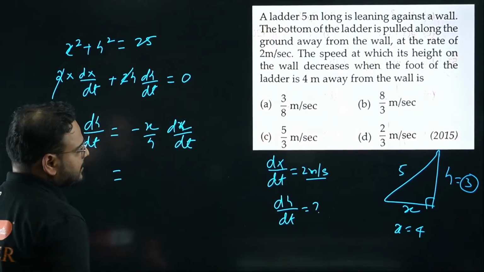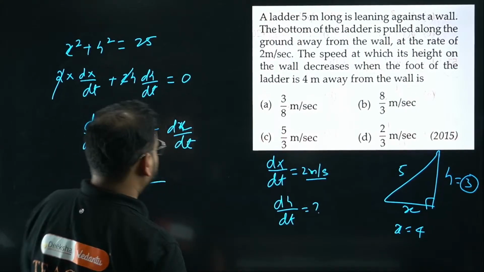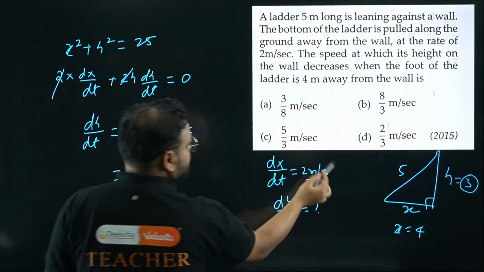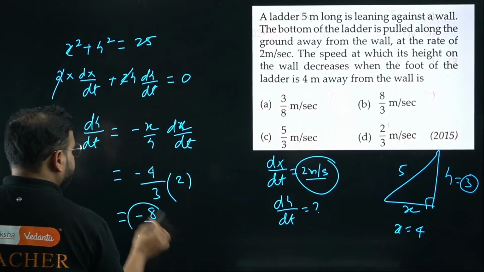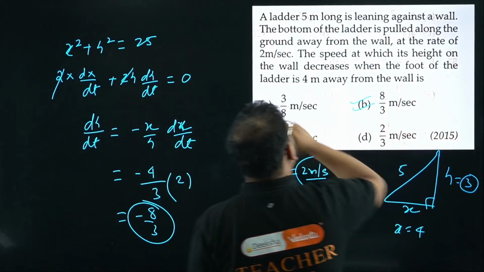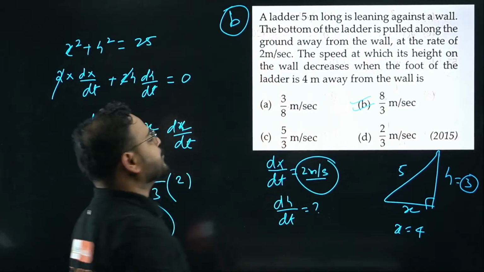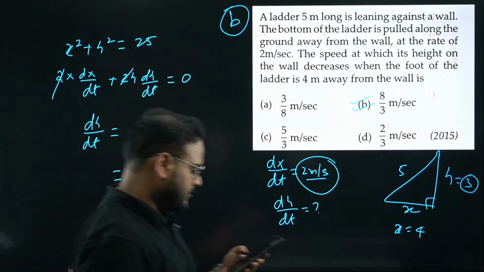What is minus x? Minus 4. What is h? 3. And this value is 2. The answer is minus 8 by 3. Please check, option B is correct. Yeah, so Geet has given the right answer.